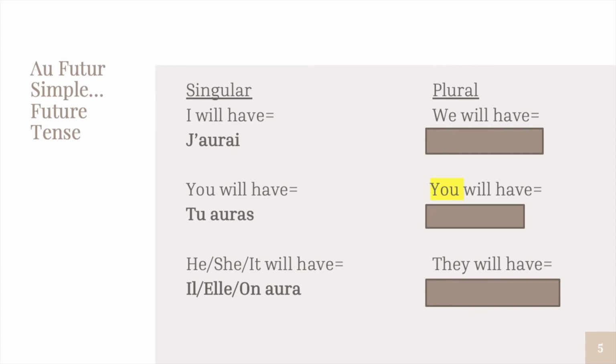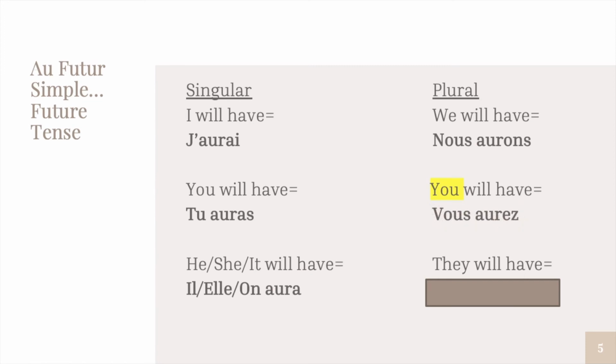Next, for the plurals, if you wanted to say we will have, you would say nous aurons. So we will have an apple, nous aurons une pomme. If you wanted to say you or you all will have, you would say vous aurez. So vous aurez une pomme is you all will have an apple.